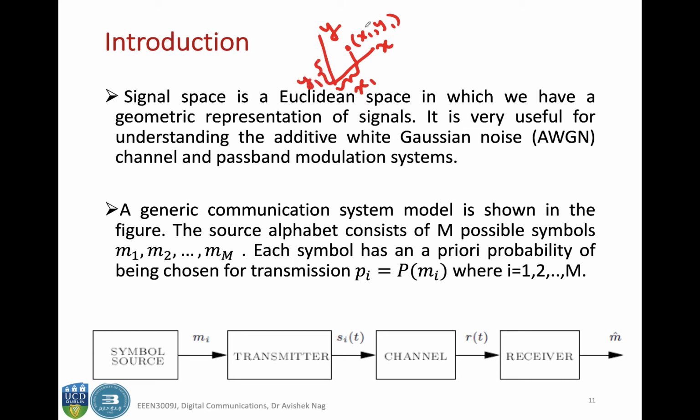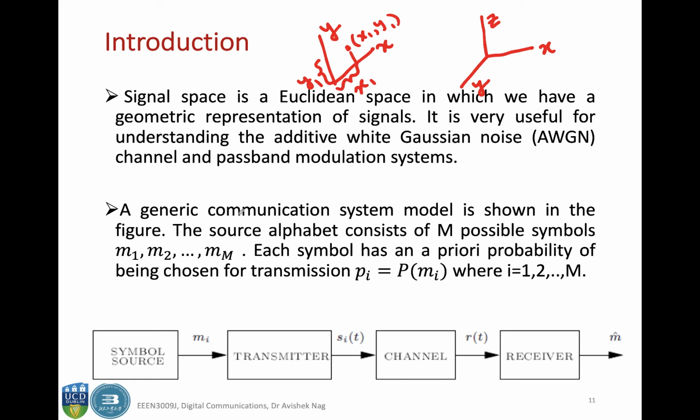This is an example of a two-dimensional Euclidean space. You probably also came across a three-dimensional Euclidean space defined by three coordinates x, y, and z. These are examples of Euclidean spaces.